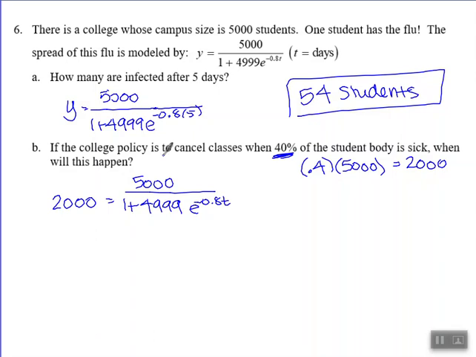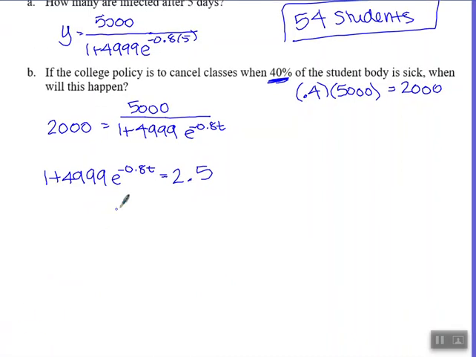First thing we need to do is multiply both sides of the equation by the denominator of the fraction, which would give us all of this stuff times 2,000. I'm going to go ahead and do 2 steps at once, multiply, and then divide both sides by 2,000. 5,000 divided by 2,000 is 2.5.